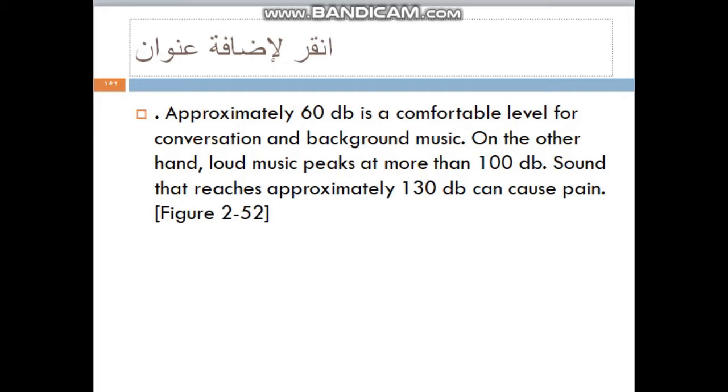Approximately 60 decibels is a comfortable level for conversation and background music. On the other hand, loud music peaks at more than 100 decibels. Sound that reaches approximately 130 decibels can cause pain.